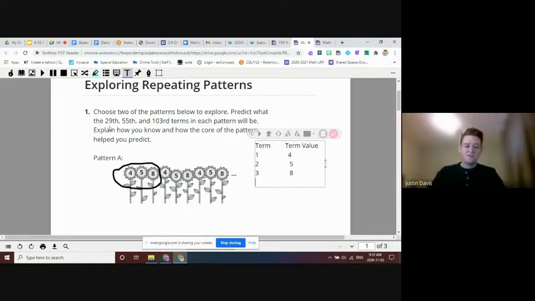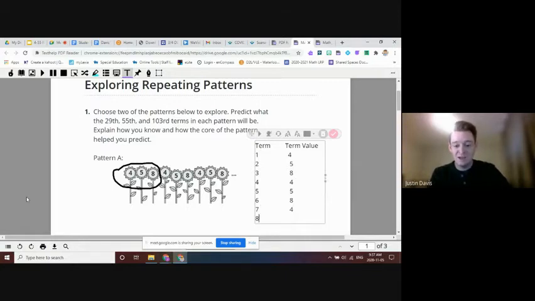The question tells me to figure out the 29th, 55th, and 103rd terms in each pattern. There's a couple ways I could do that. One way is I could just keep extending my chart all the way to 29, and then I could extend it all the way to 55, and then I could extend it all the way to 103.